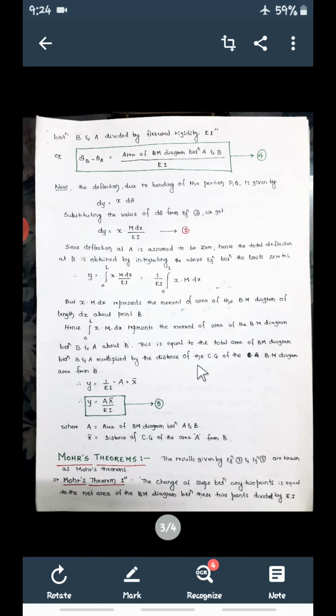X is nothing but the distance of the CG of the area of the bending moment diagram from B.